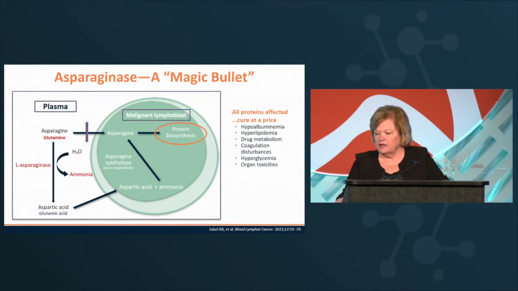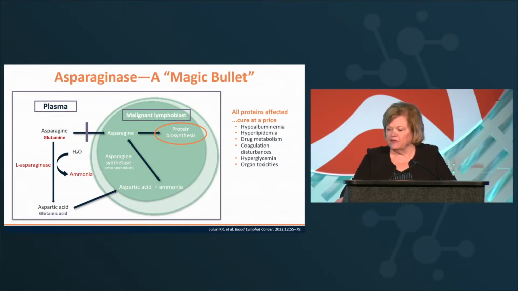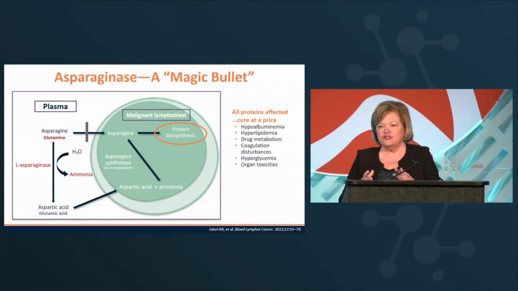So we've got the uptake of ammonia, and the asparagine amino acid is essential for the production of proteins and the protein synthesis of the cell.